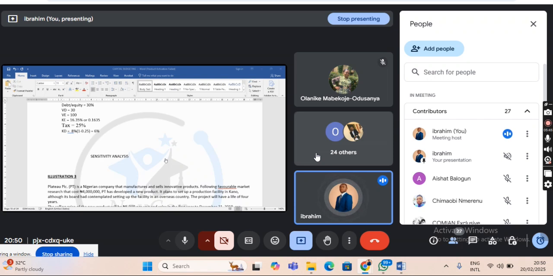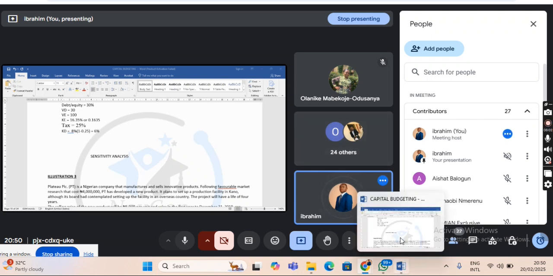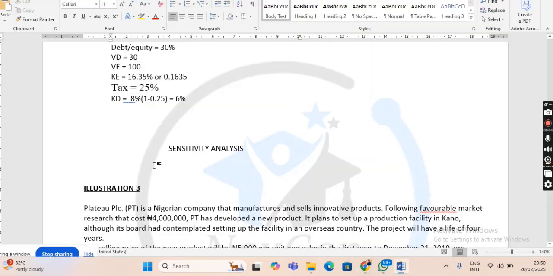When you are performing a sensitivity analysis on contribution, on income, on cash flow, it should not drop, because if it drops, your NPV becomes negative. That is the decision under sensitivity analysis.